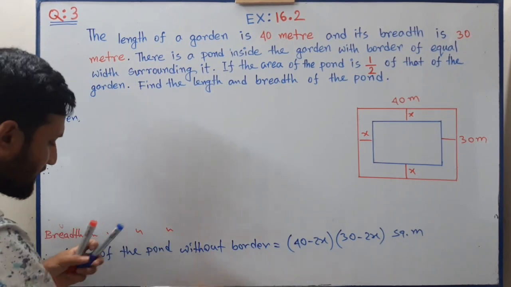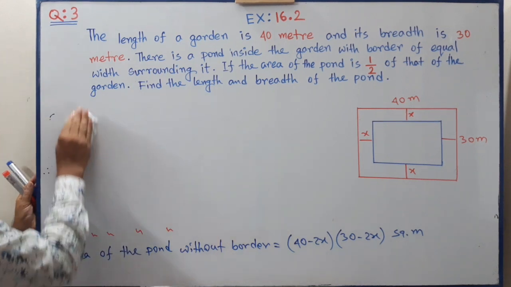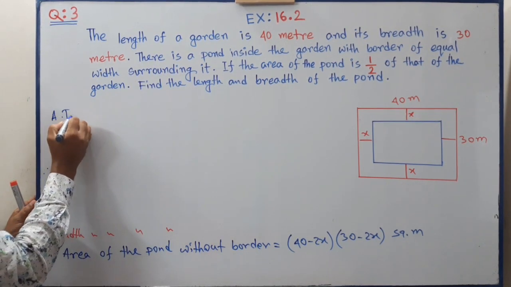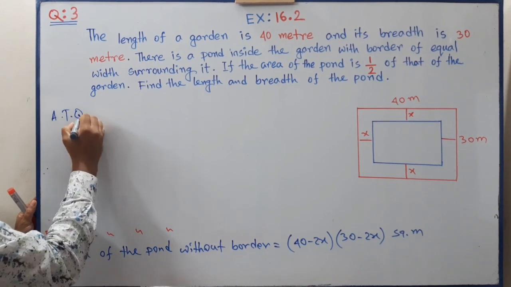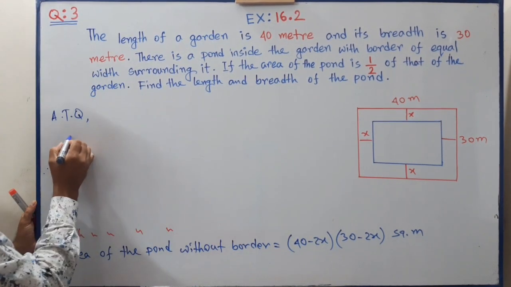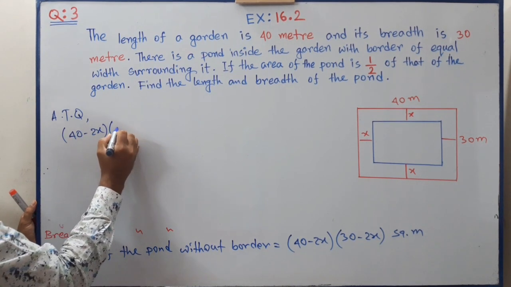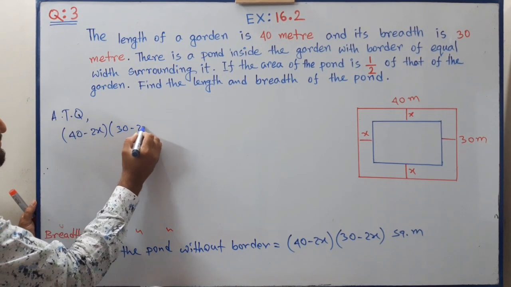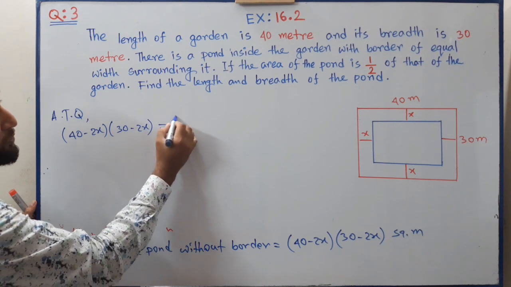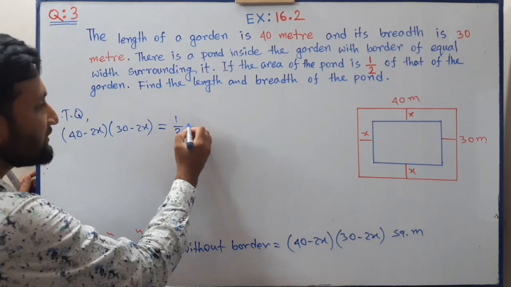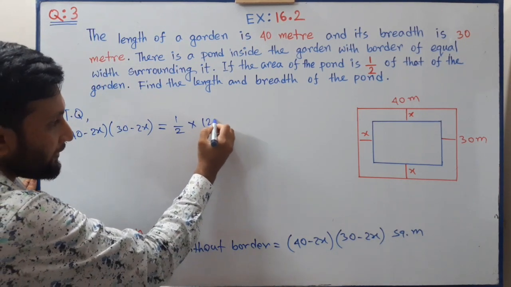So according to the question, area of the pond, that is 40 minus 2x into 30 minus 2x, is equal to half of the area of the garden. So the area of the garden is 1200.